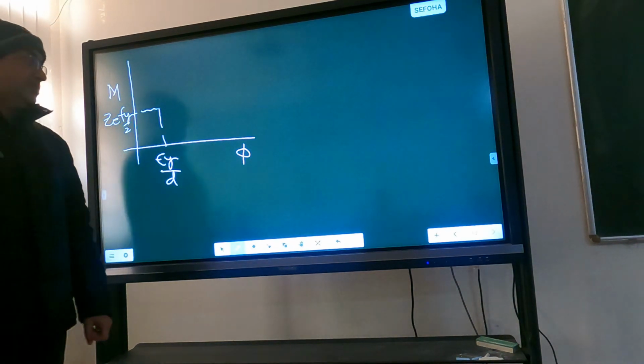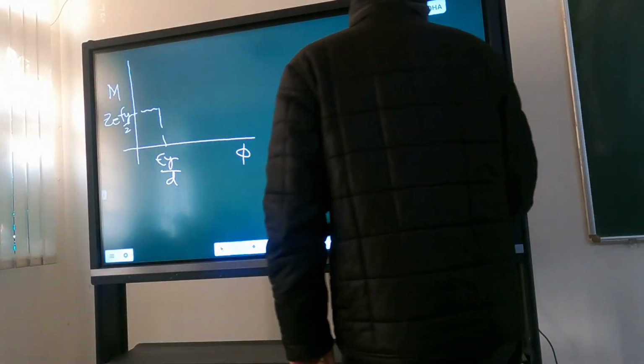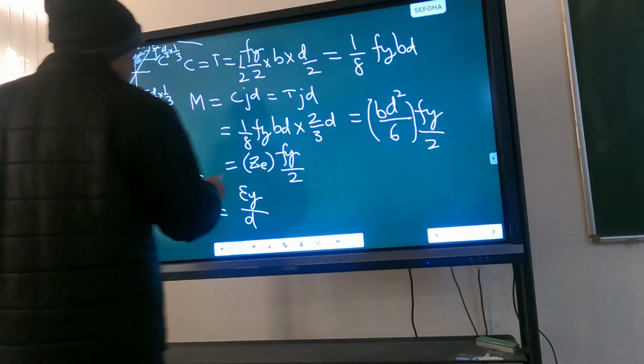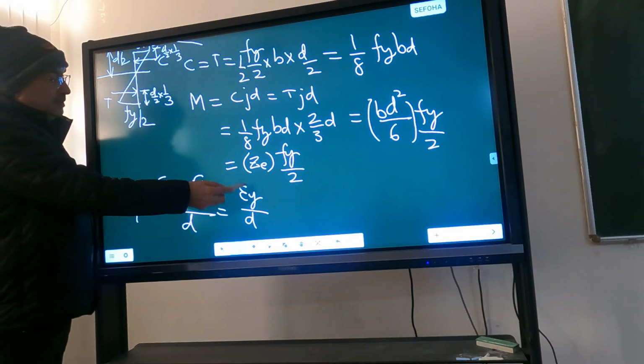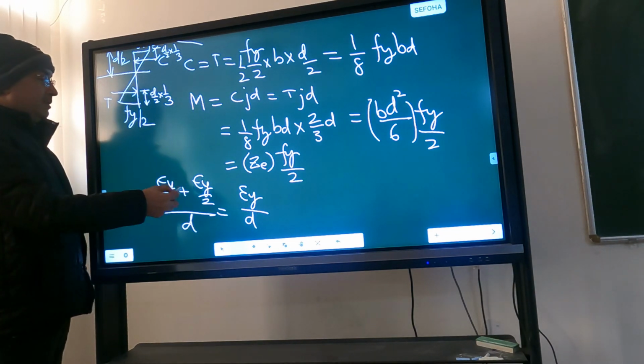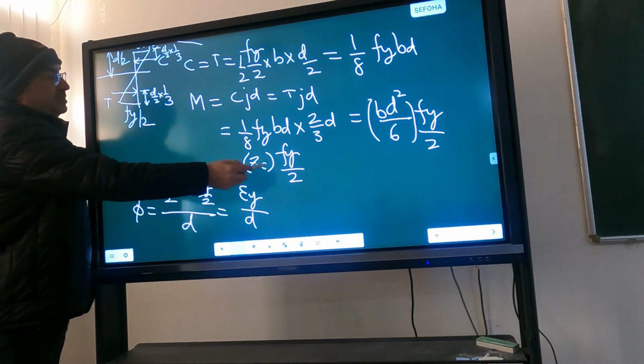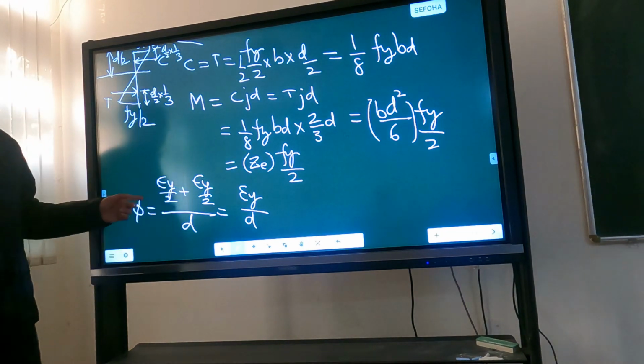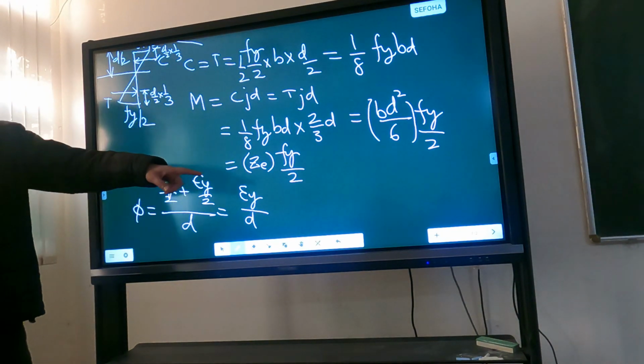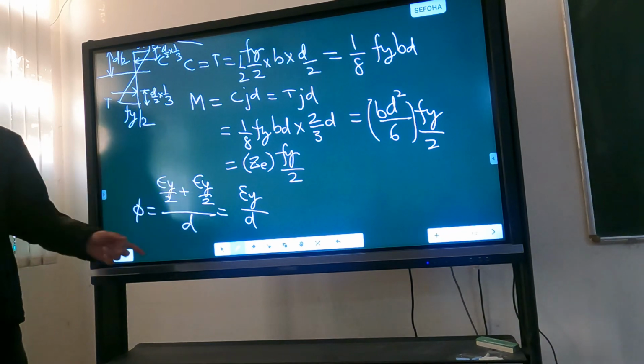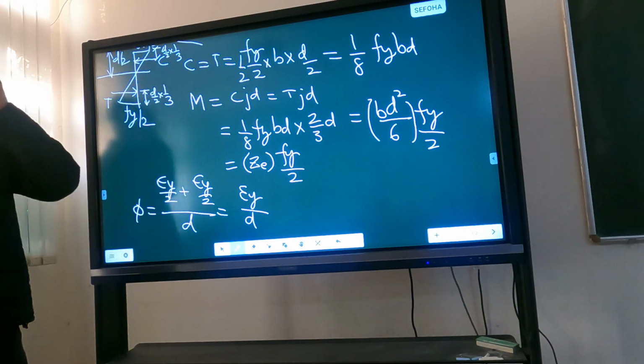Okay. So from this relationship you can see that this is constant, this depends upon the strain. So till yield point, we are going to get a linear relationship between moment and curvature.